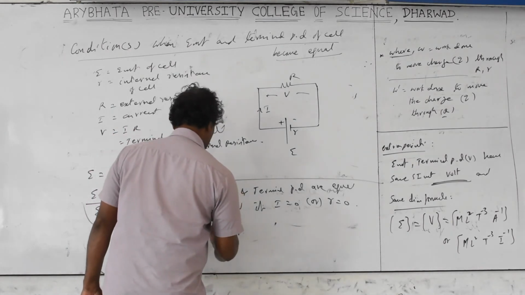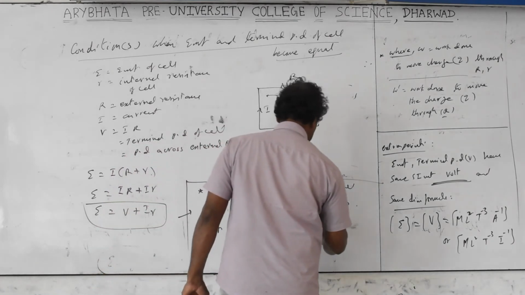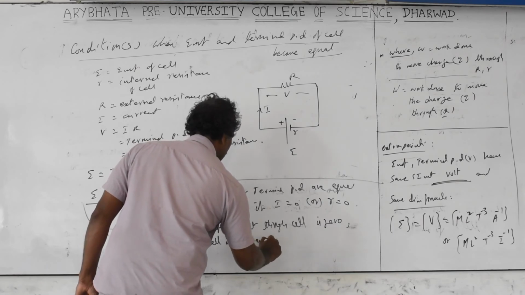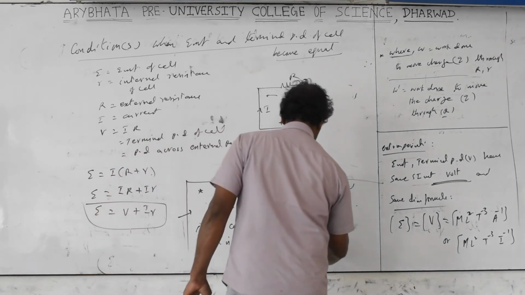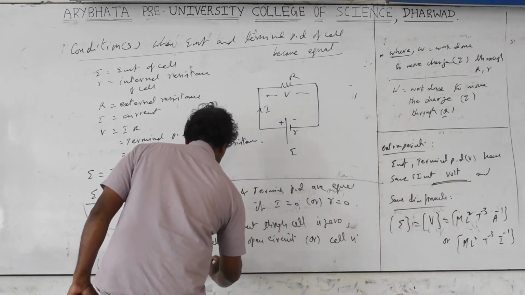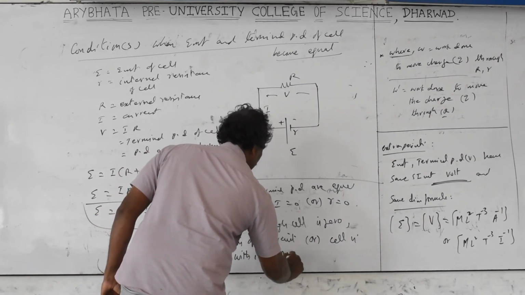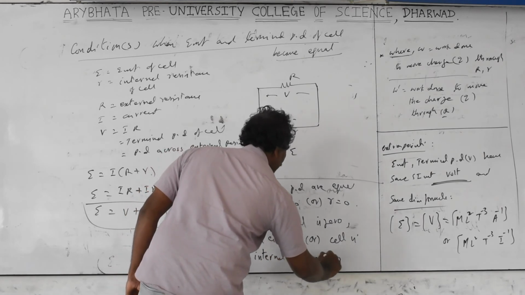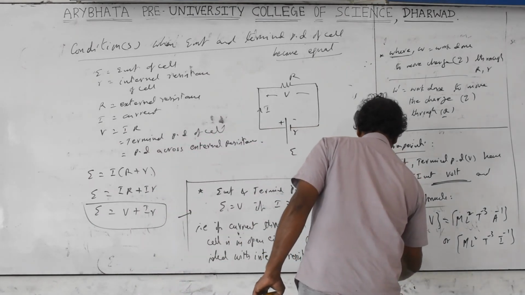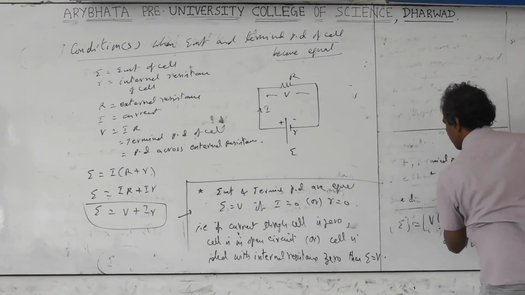That means if the current through the cell is 0, the cell is in open circuit, or the cell is ideal with 0 internal resistance, then E equal to V. Electromotive force and terminal potential difference are equal only under these conditions.